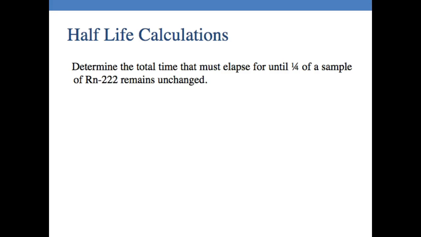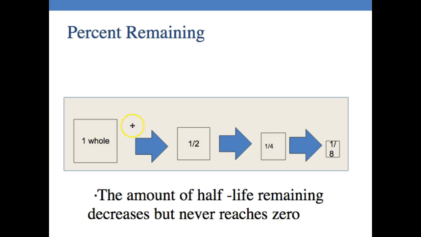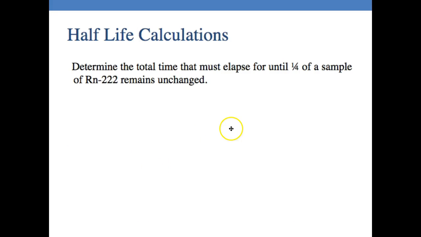Last example: determine the total time that must elapse until 1/4 of a sample of Rn-222 remains unchanged. So if I have 1/4 of a sample remaining, how many half-lives would that be? After one half-life, you have 1/2 of the sample remaining. So that must mean that we had 2 half-lives if 1/4 is remaining. But I don't even know what Rn-222's half-life is.